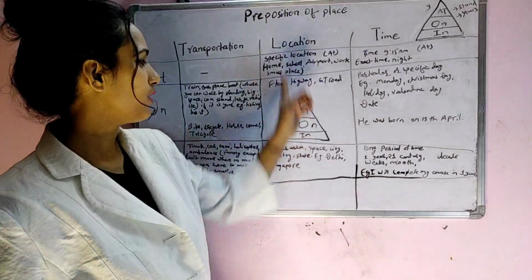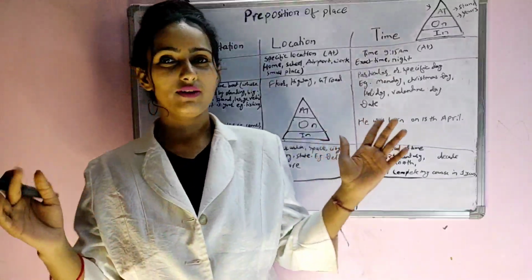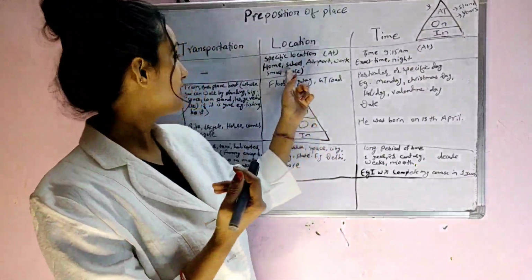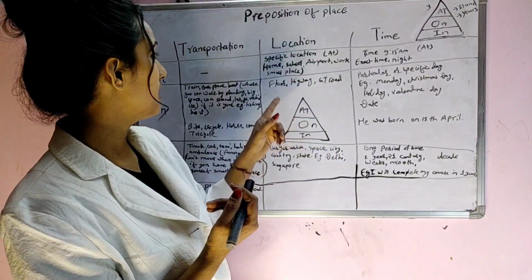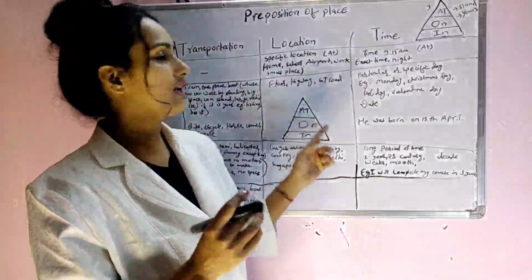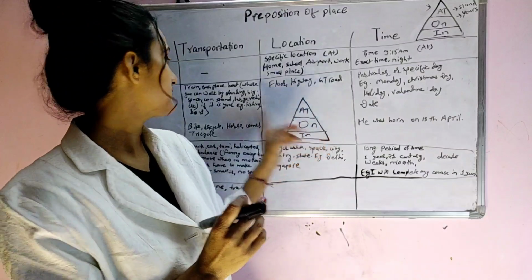Okay, now let's talk about location. I already told you that if we are talking about a smaller area, then we have to use "at", and if we are talking about something medium, then we have to use "on".